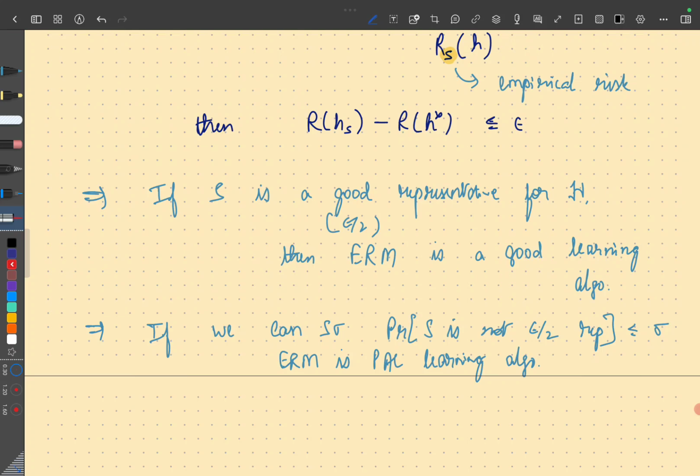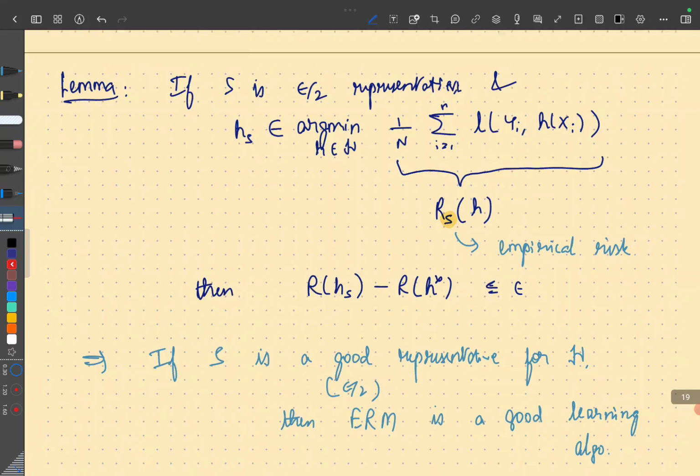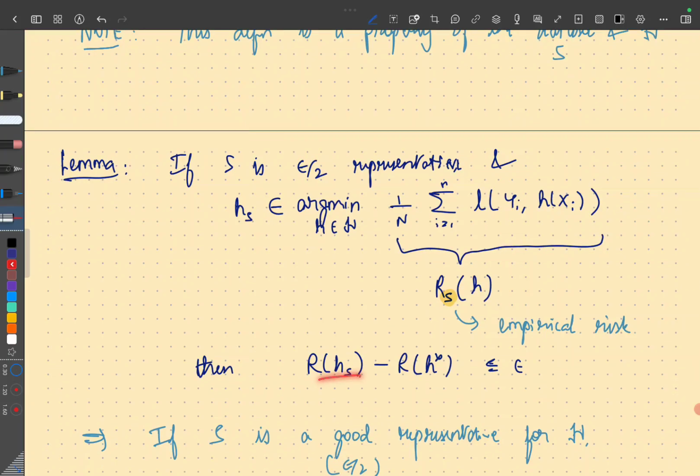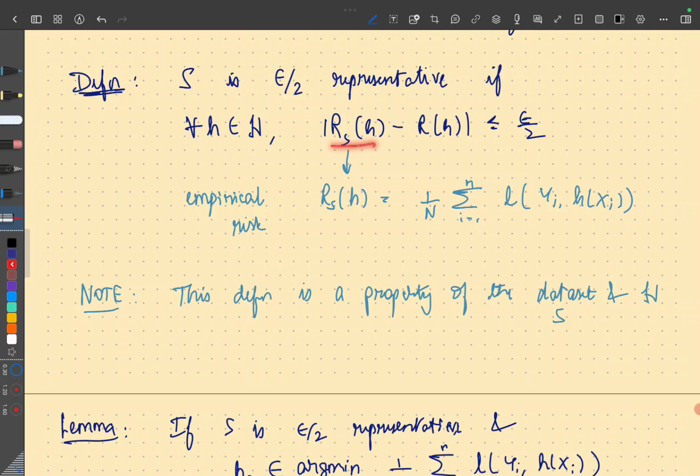In the next class, I'll make this a little more formal by stating this property of uniform convergence. Effectively, what we want is that as the number of samples increases, the empirical risk converges to the generalization error. If that happens, then it is PAC learnable.